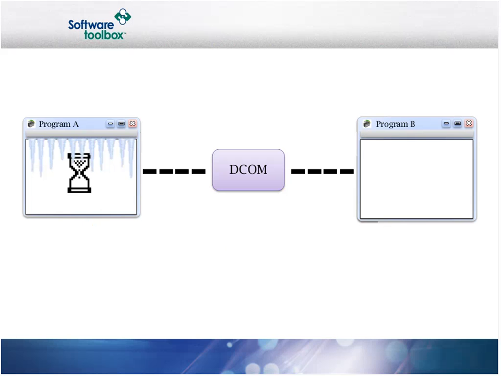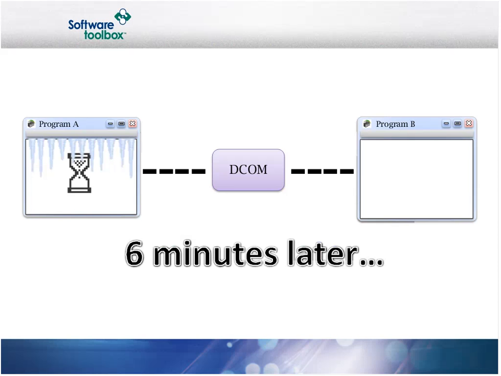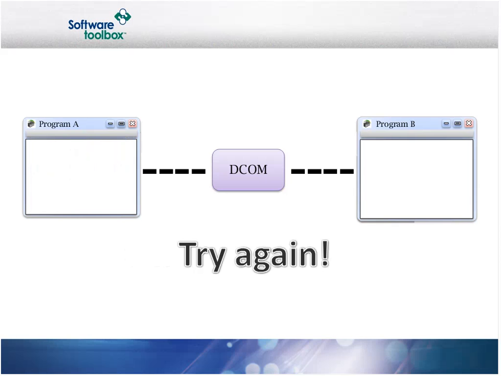Our friends at Microsoft put a hard-coded 6-minute timeout into DCOM. That, folks, is what causes the apparent application freezes you see when you try to use DCOM and the connection's not working because of security or permission settings or the server's just not running. So eventually, we get to try again after our 6-minute timeout.